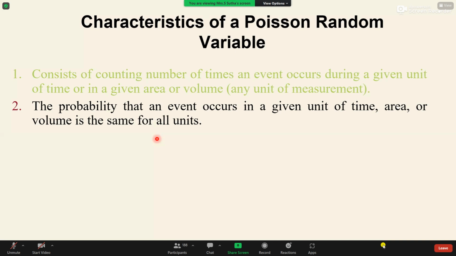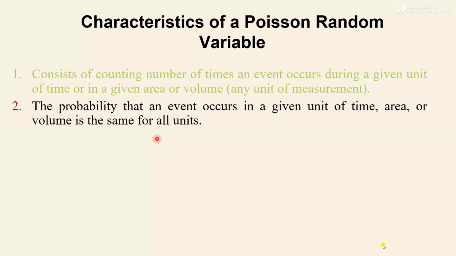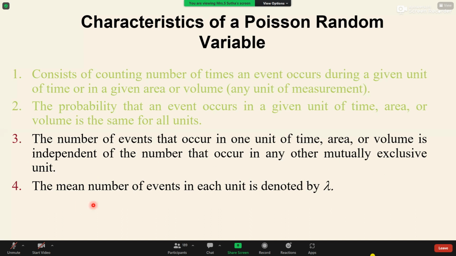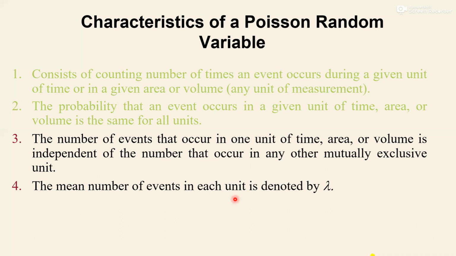In 3 one-hour intervals, the probability of occurring a particular event is same, right? Then the number of events that occur in 1 unit of time, area or volume is independent. How the trials are independent, here also the number of events that occur in 1 unit of time, area or volume is independent of the number that occur in any other mutually exclusive unit. That does not depend, right? Then here the mean number of events in each unit.